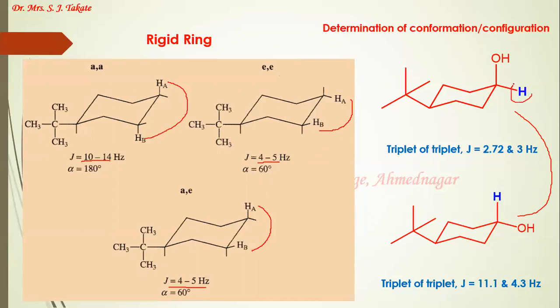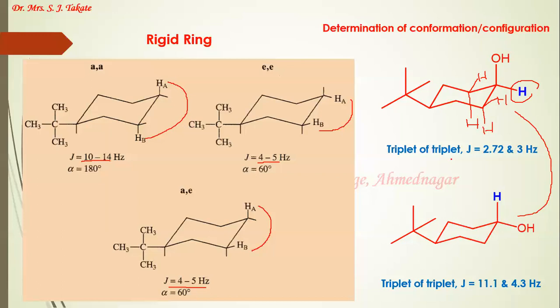This equatorial proton has four neighboring protons, two equatorial neighbors and two axial neighbors. Both equatorial protons as well as axial protons make the dihedral angle of 60 degree with respect to the blue hydrogen. And as the dihedral angle is 60 degree, the coupling constant values are small.